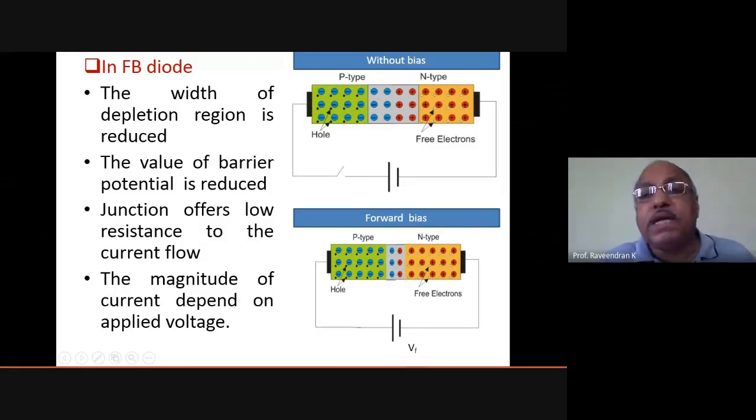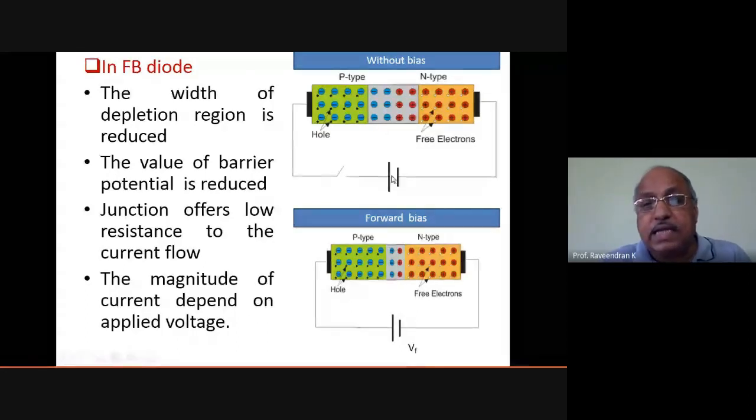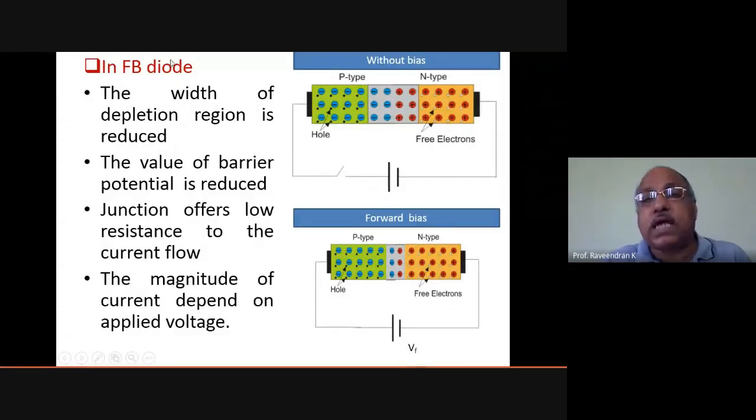The PN junction will be conducting current through the junction, or in other words, the junction offers very least resistance for the flow of current. The magnitude of the current depends upon the applied voltage. If the applied voltage is more than the barrier voltage, it starts conducting and high current will be flowing through the system. If the voltage is further increased, it will be sending more current.